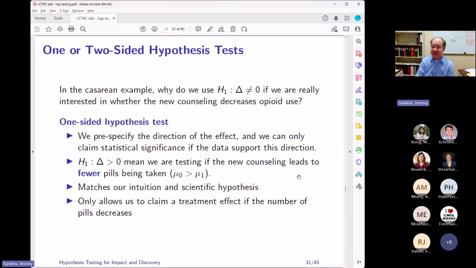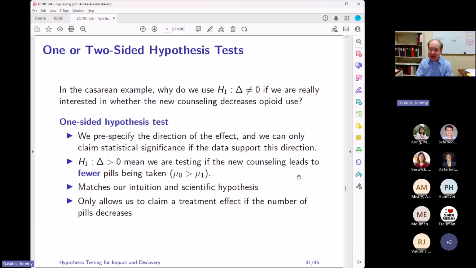A one-sided hypothesis means that I'm going to pre-specify the direction of my effect. And critically, I can only claim statistical significance if the data ends up pointing in that same direction. Again, in my opioid case, the alternative could have been delta bigger than 0, meaning I'm only testing if my new counseling leads to fewer pills being taken.